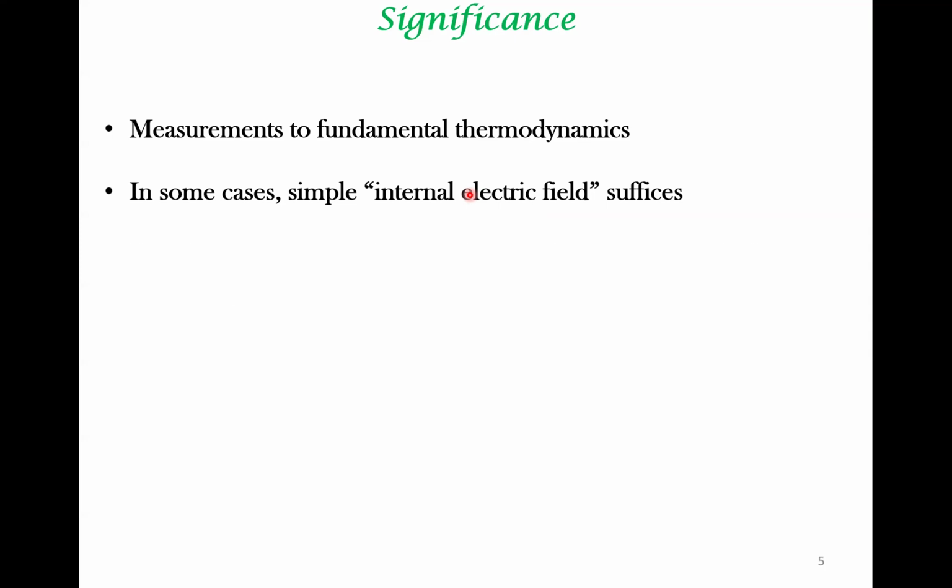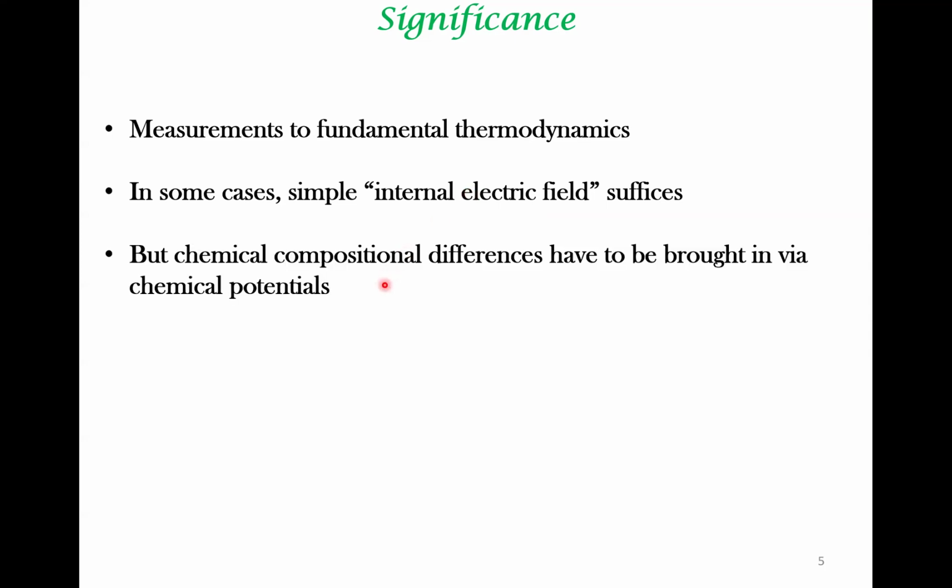But in some cases, especially when the compositions of the two electrodes are different, the consequence of chemical compositional differences has to be understood. The difference in chemical composition is well represented only by introducing this notion of chemical potential.